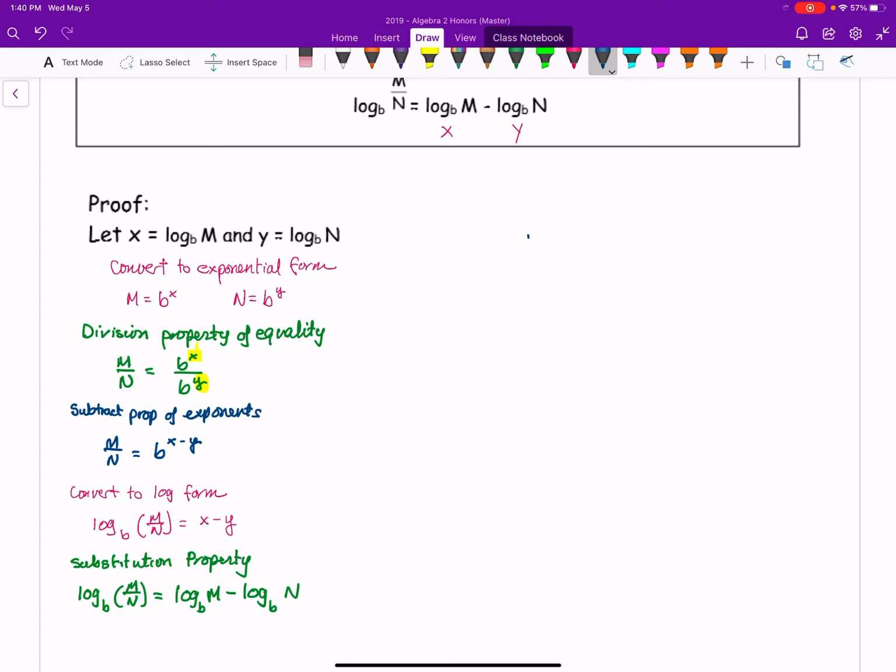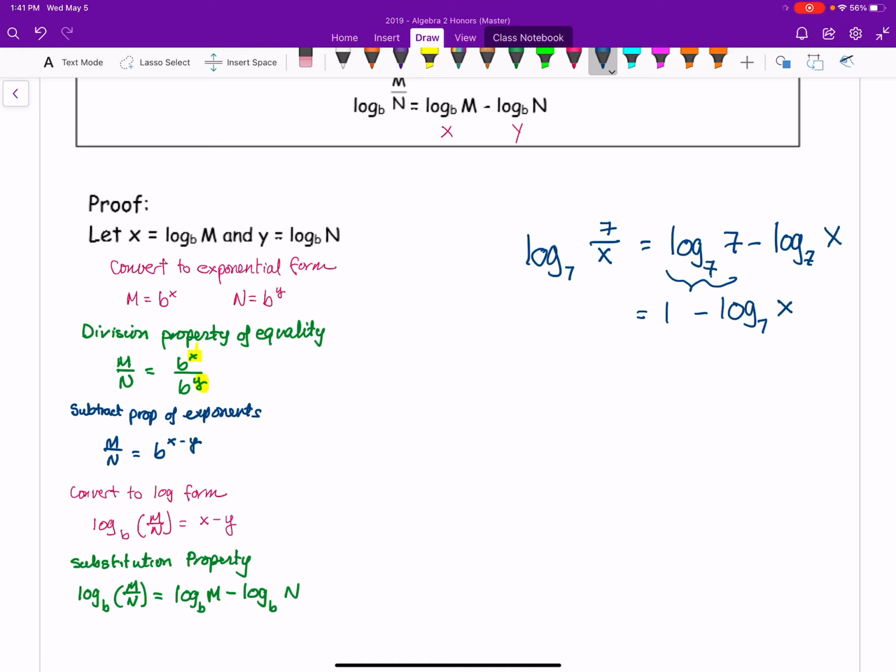Let's do an expansion one. Let's say I did log base 7 of 7 over x. I could rewrite that as log base 7 of 7 minus log base 7 of x. As long as we're using the same base here, we're good to go. And log base 7 of 7, what should I raise 7 to to get 7? That is equal to 1. So this could nicely simplify like that. So that's an expansion.